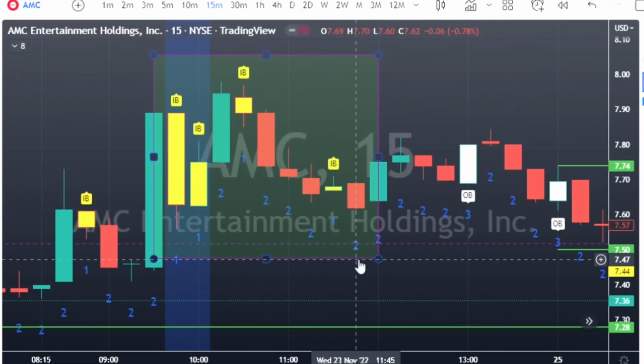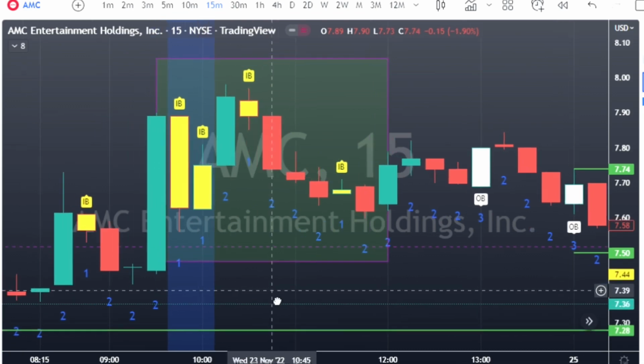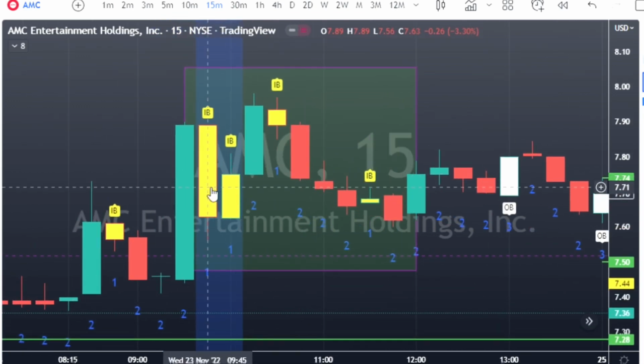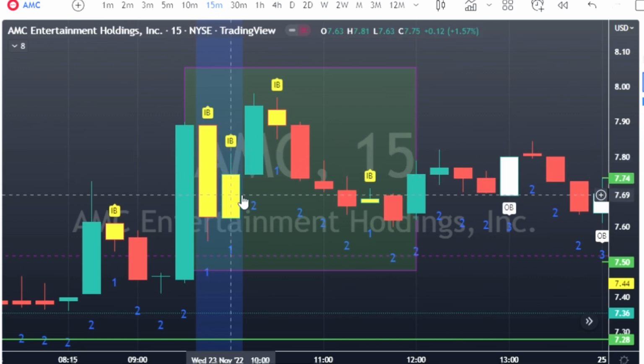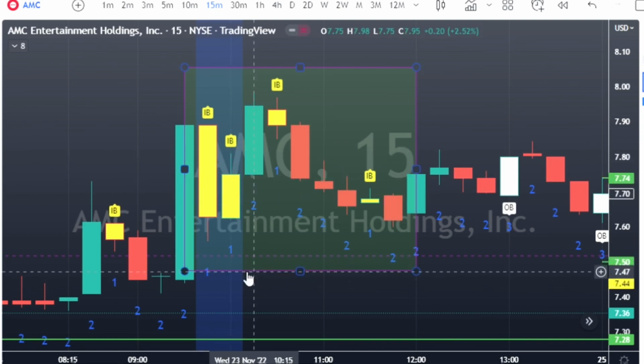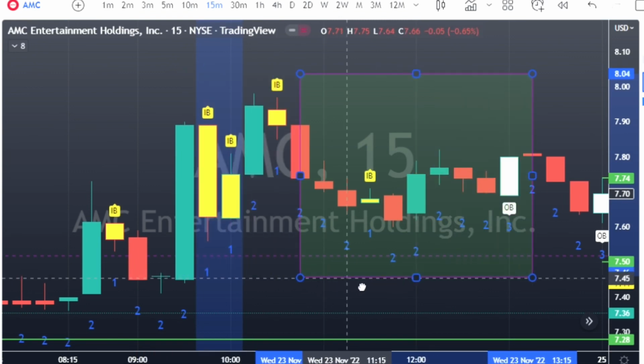I'm going to go over a few setups with you on a few different tickers just to show you guys exactly how this stuff works. These yellow bars that you see here, I've created myself on TradingView, so it's something that you won't have right off the bat, but it's something that you can get. These yellow bars, or inside bars is what we call them, or 1 bars.